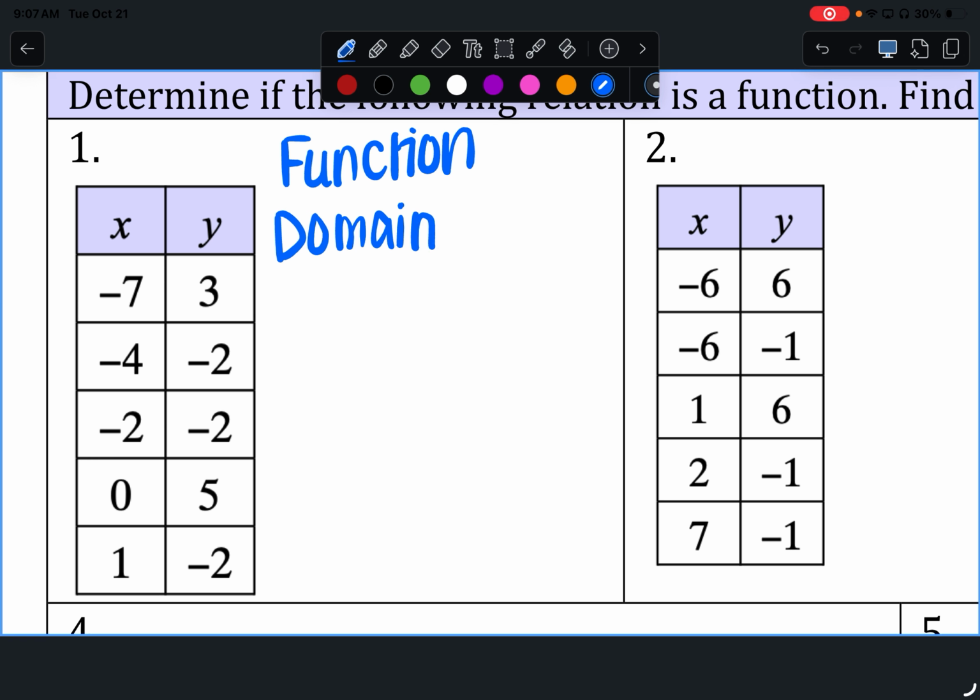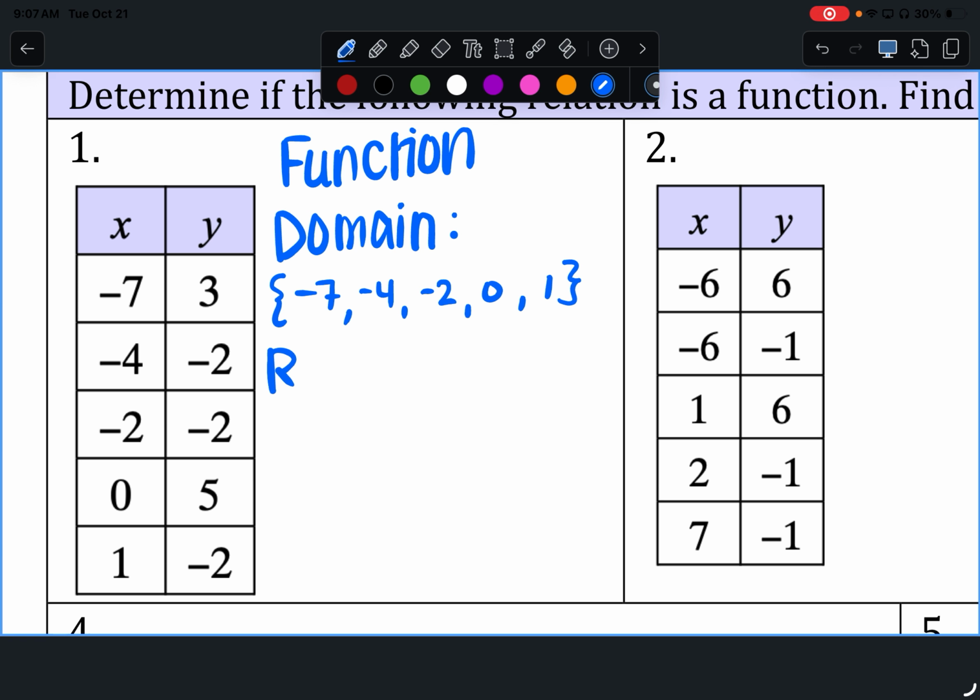Whenever we have a list of points, we use a set to write our domain. So we'll do squiggly bracket, then we just go smallest x to biggest x. So it'd be -7, -4, -2, 0, 1. So if ever we have a list of points, whether it's in a table, a bunch of points on a graph, a list of points, that is how we write domain.